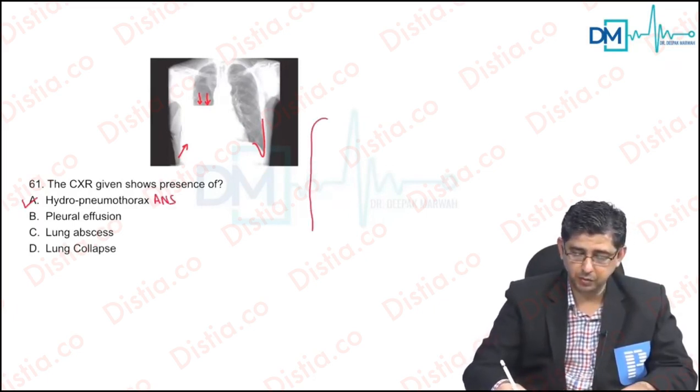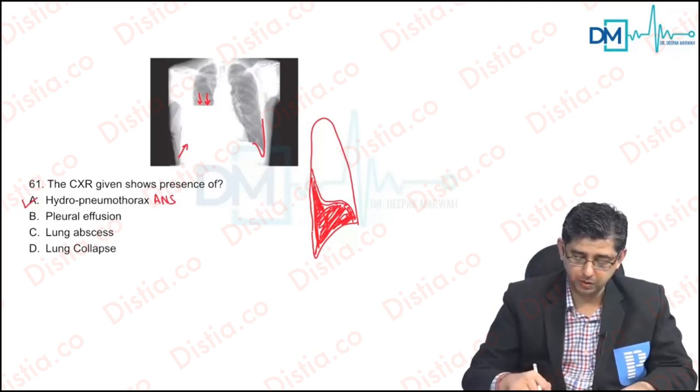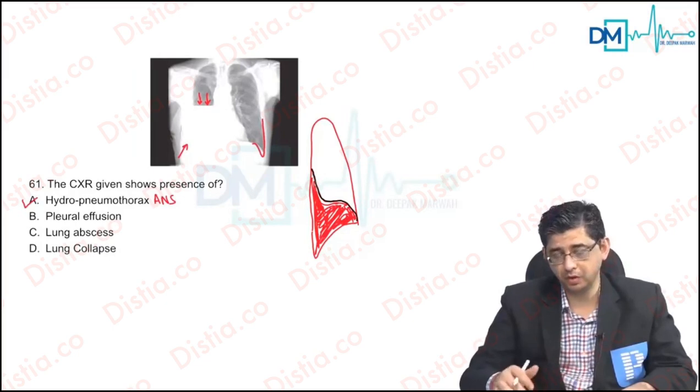That would be the answer to this particular question, alpha. The point is, in case of pleural effusion, the fluid will accumulate like this, so there would definitely be a whiteness in the X-ray. But in a patient with pleural effusion, you would always notice a very characteristic S-shaped curve, because the fluid will gradually accumulate.